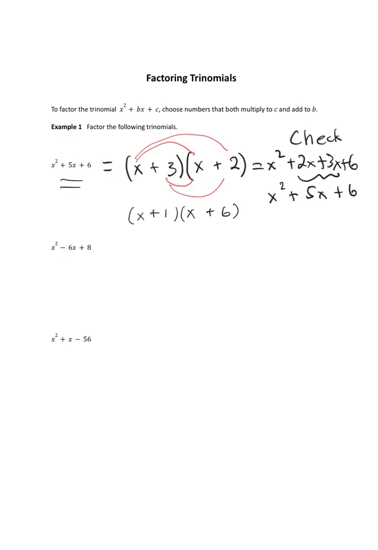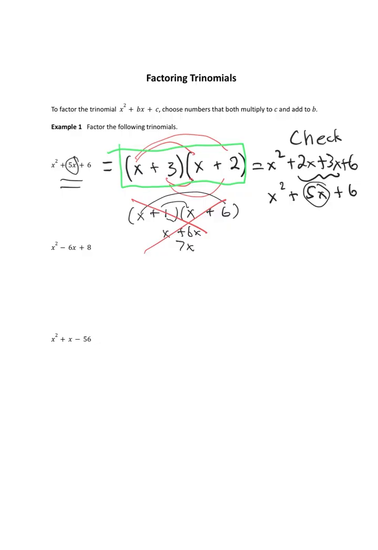Well, in that case, 1 times 6 is 6, but when you get to those middle terms, you would have had an x and a 6x, right? 1 times x and x times 6, giving us a 7x in the middle, whereas we needed 5 like we had in this one, okay? So in this case, that would be a failed attempt. So let's put a green box around the correct solution here, because sometimes you do guess and it doesn't work out, so you've got to try it again and go from there.